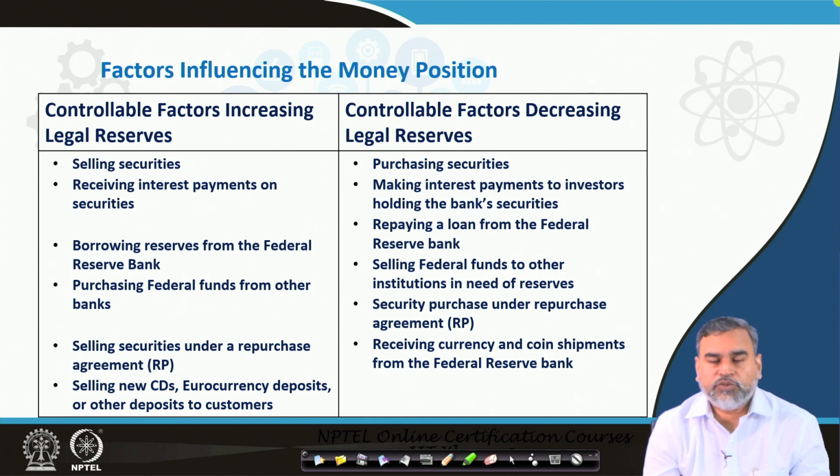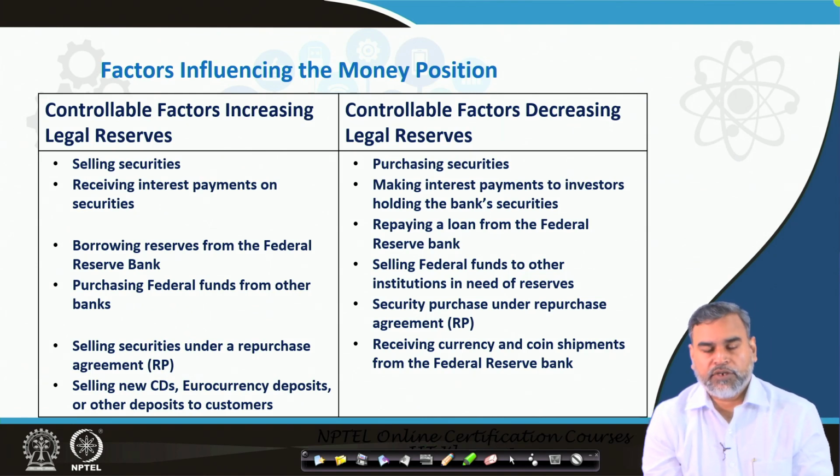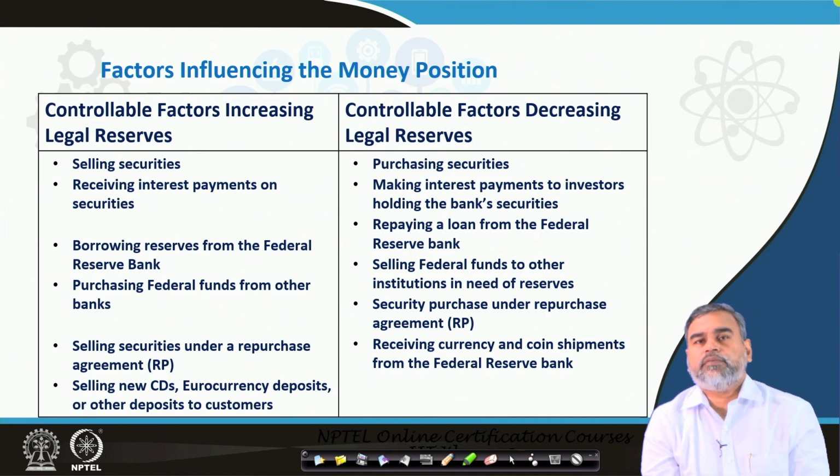There are some factors which affect the legal reserves adversely, like purchasing securities. Obviously, selling a security has a positive impact on the legal reserve, and purchasing a security has a negative impact on the legal reserve. Then making interest payments to the investors holding the bank's securities.